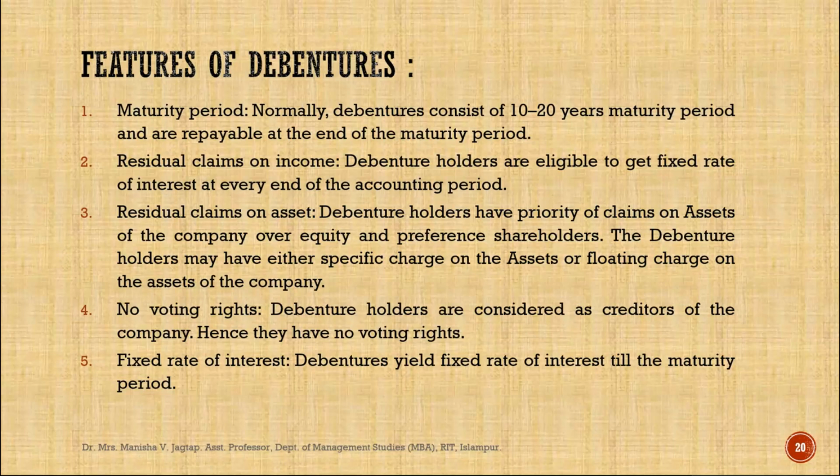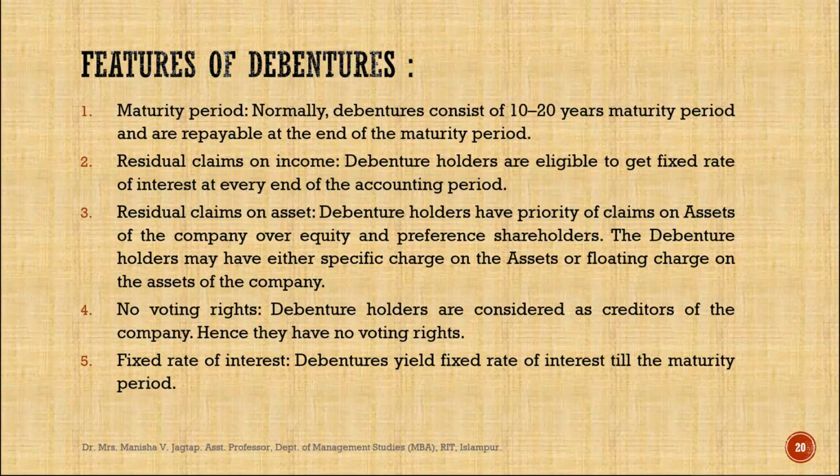Debenture holders are eligible to get a fixed rate of interest at every end of the accounting period. Therefore, debenture holders have priority of claim on income of the company over equity and preference shareholders.